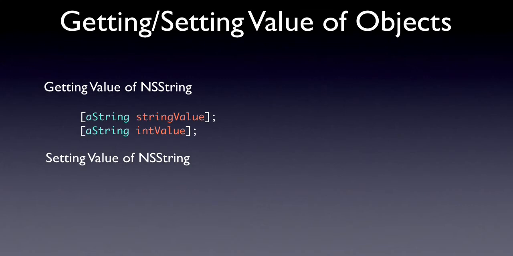If we want to return it as a string, we would call the method string value. Or if we want to return it as an integer, say it has a number in it, but it's a string, not an integer, and we want it to be an integer, we can return it as an integer. And to set the value, it's the same as getting it, except you prefix the method with set. So you have set string value and set int value.